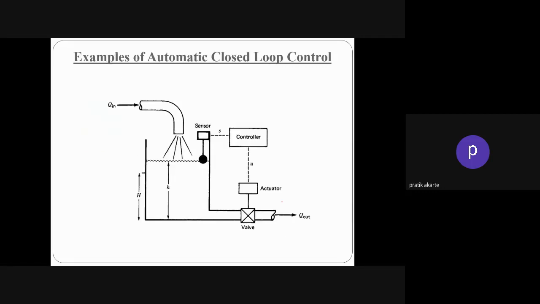Again, this is an example of an automatic closed loop control system. What is an automatic closed loop control system? Here you can see that a sensor is placed, and whatever height of water level is achieved, that signal is sent to the controller, and the controller takes the control action.